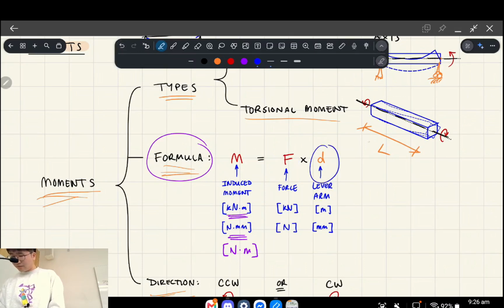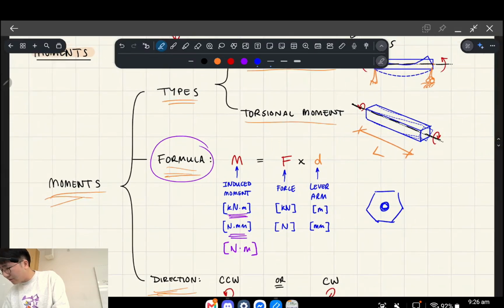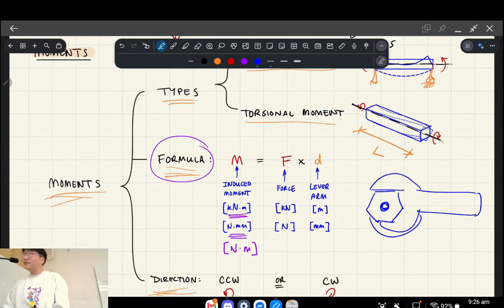I'll explain the lever arm concept a bit more thoroughly later, but just to give you a simple example, let's say we've got a bolt with a nut on it, and we've got like a wrench or something. You have to think of it like that longitudinal axis runs in and out of the page of that nut, and say we've got a force like this with a lever arm like this.